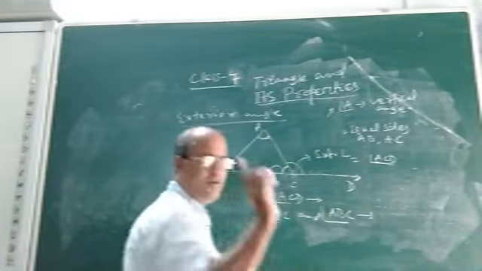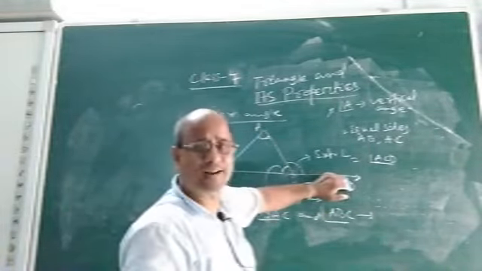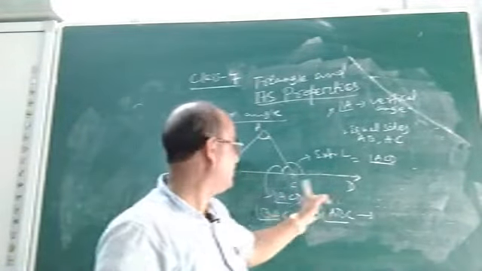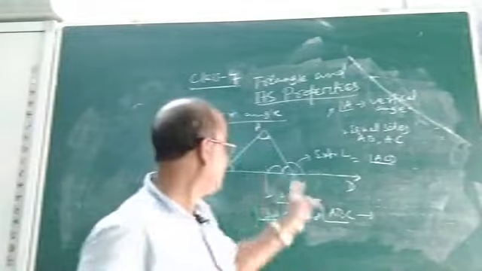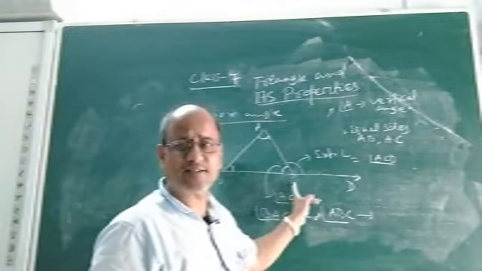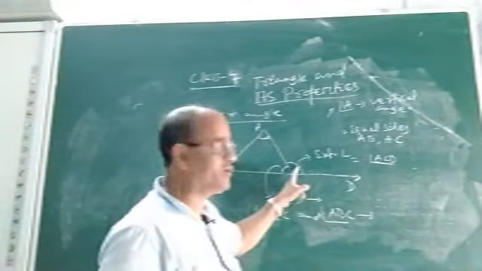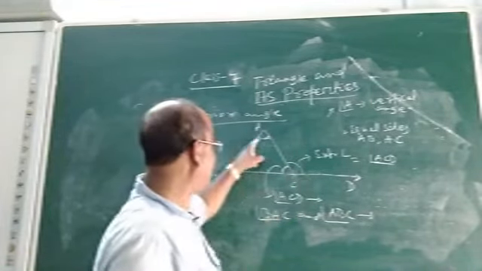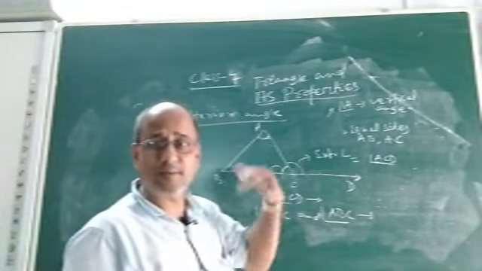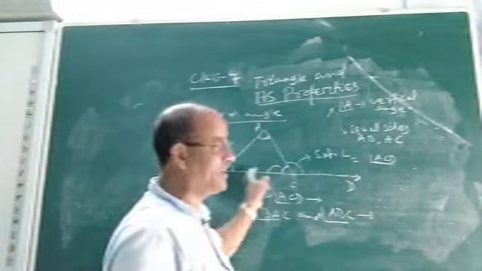When we had not extended the side BC, we had only 3 interior angles. But when we extended BC up to D, we got an exterior angle. So what special names do these angles have?